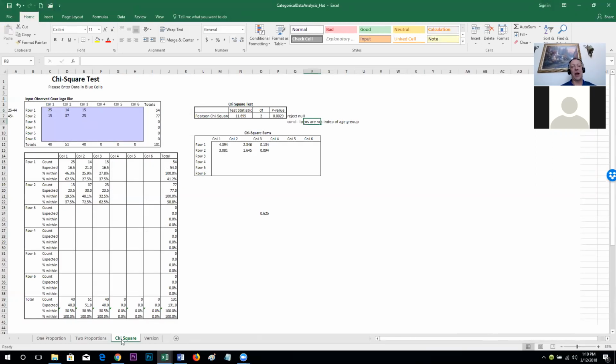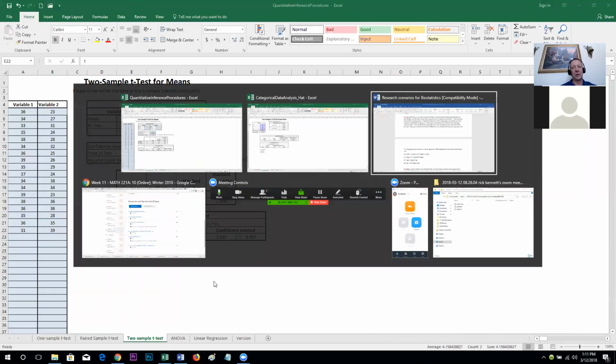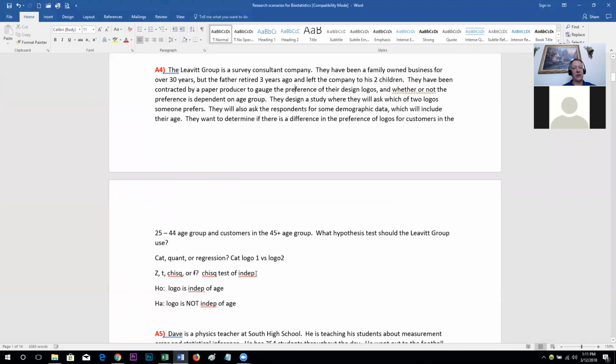If you have three, you have to do it the chi-squared way. I prefer the chi-square way. It seems easier to me. The way this one is written, they were pushing you towards the chi-square test of independence, but if you only have two proportions, they'll give you essentially the same answer.